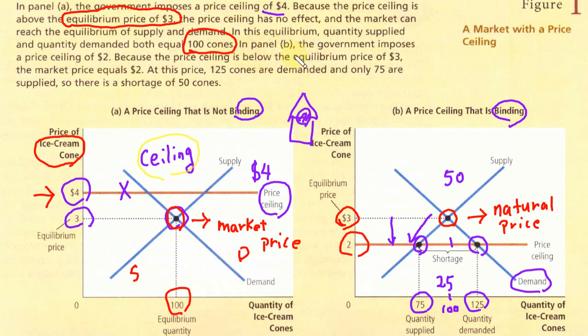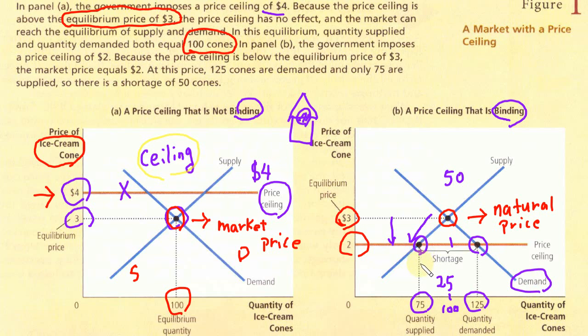Okay. So here we will see that the government imposed a price ceiling of 2, because the price ceiling is below the equilibrium. Below the equilibrium, right? The equilibrium is 3. The equilibrium means the market price, right? The equilibrium is 3, but the price ceiling is below the equilibrium. So the supplier should follow the supply line down to 2, meaning that the supplier will reduce production because it is not profitable.